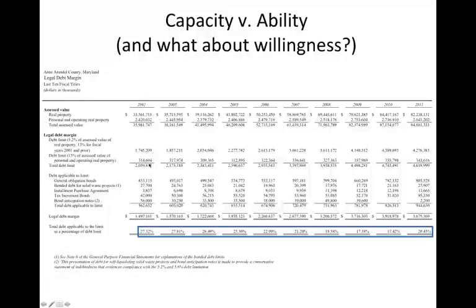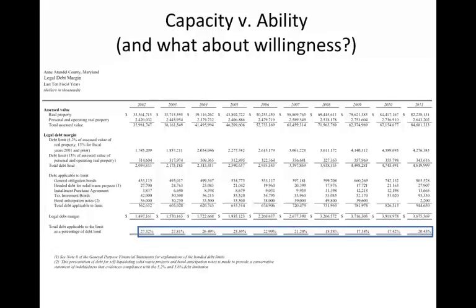So here's their total borrowing power. Here's the amount that they had outstanding. So they could have borrowed as much as $2 billion. They actually had $562 million outstanding, and so their legal debt margin is almost $1.5 billion. That's how much legal debt authority they had above and beyond what they had outstanding.